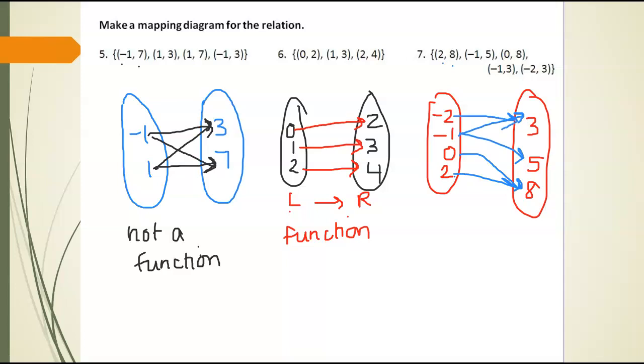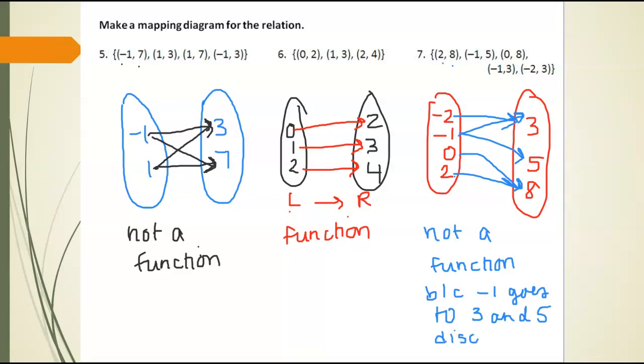And -2 to 3. So again, this is not a function because -1 goes to 2 values. It goes to 3 and 5, which would also mean that this is discrete. So you can't have that duplicate on there, so that would make this a discrete function. So if it's not a function, it's discrete.